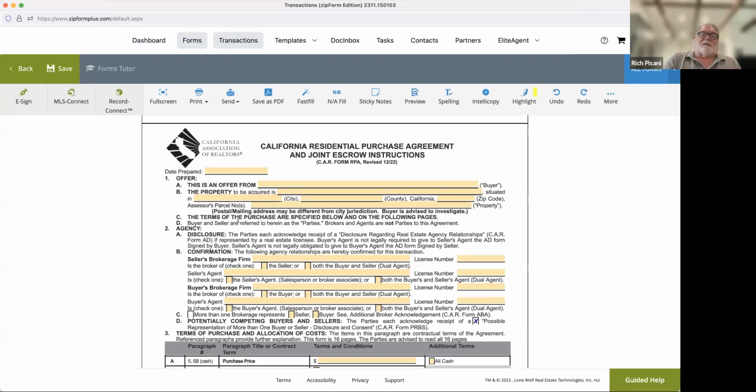So the date it's prepared is just as important as anything else, and it's an offer from a buyer, and that buyer can be an entity. We'll get into entity at the end when we go to signing, but an entity can be a trust, a power of attorney, or an LLC.